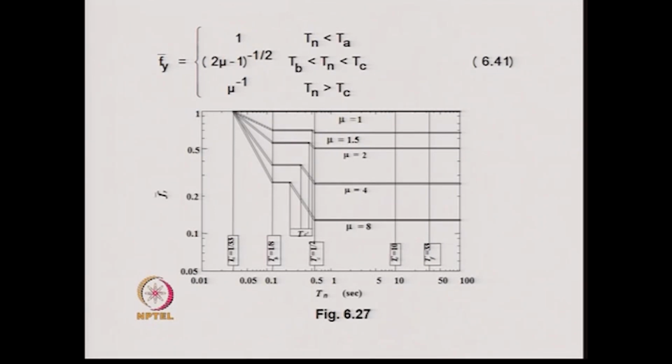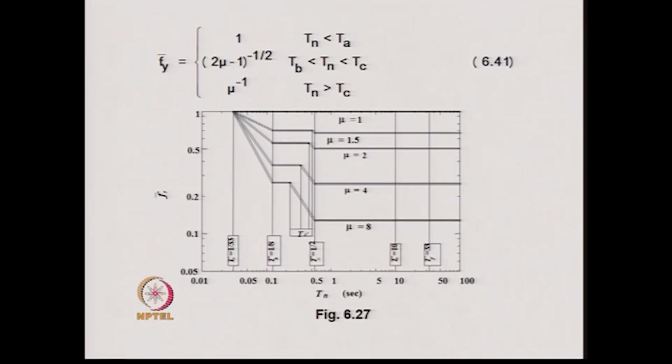Here T A, T B, T C, T D, T E, T F are the values of the time periods that we had considered in the case of the elastic response spectrum plotted in the tripartite plot.